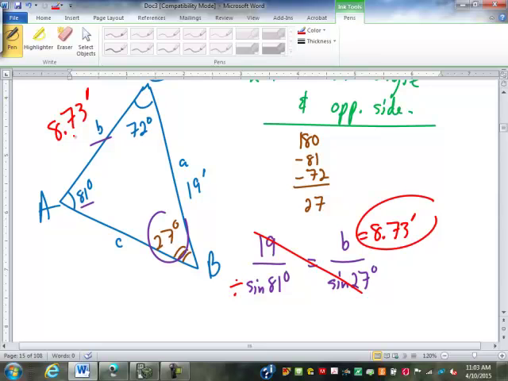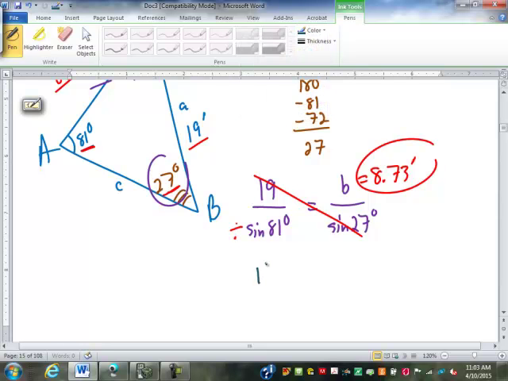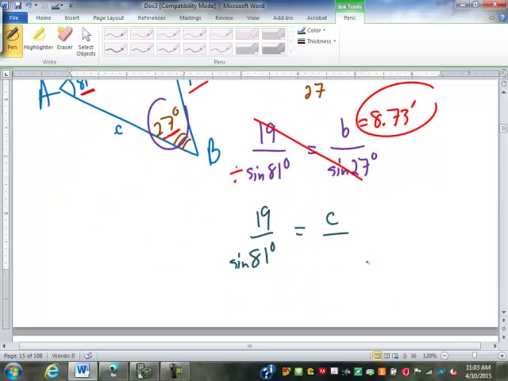Does that make sense? Well, yeah, the 27 is considerably smaller than 81 degrees, so it makes sense that that side would be considerably smaller than the other side. Now we're going to go back to the 19 over the sine of 81 degrees again, equals, and we still need to find side C. That'll be over the angle of 72, so sine of 72 degrees.